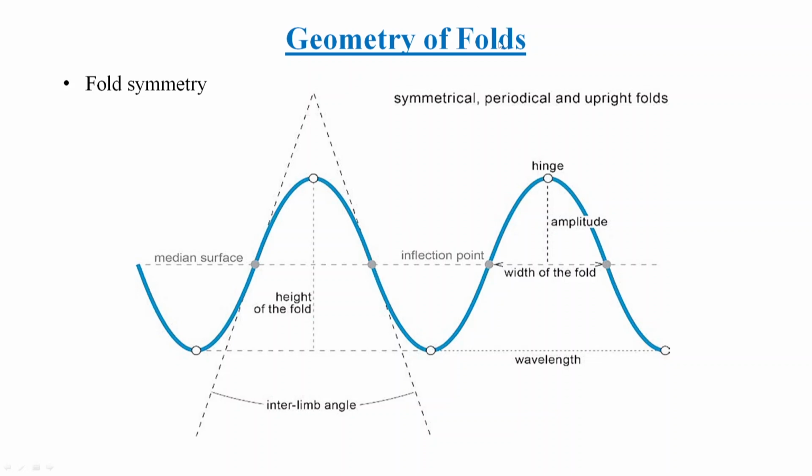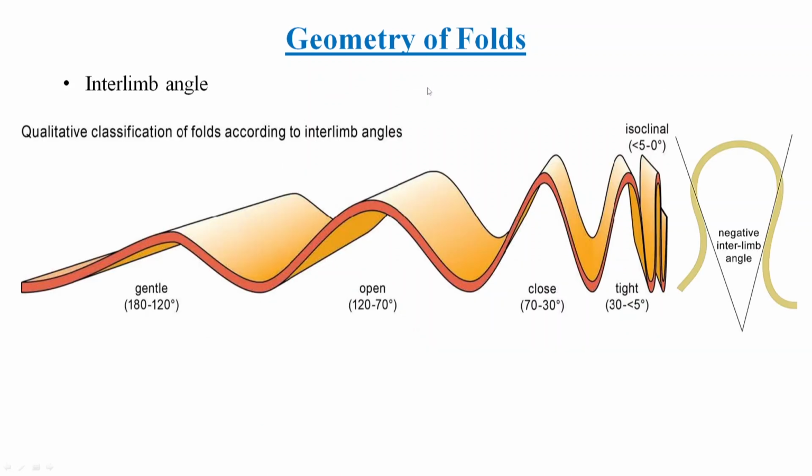This will symmetrically bisect the fold into two halves. But if the fold is a little bit like this, it is not symmetrical, it is an asymmetric one. In that case, your axial plane will not give you the mirror image of the other half of the fold. So based on that, folds can be grouped into two broad classes, symmetrical and asymmetrical.